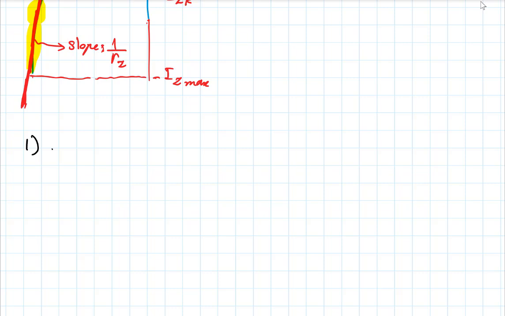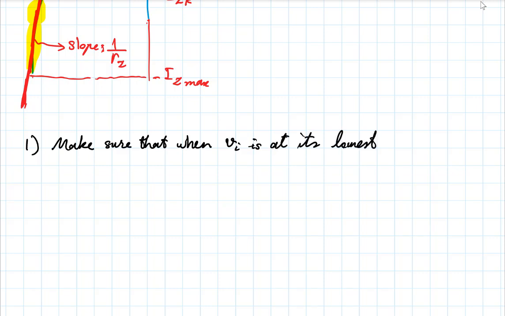One, make sure that when Vi is at its lowest, Iz still does not fall below the knee current.